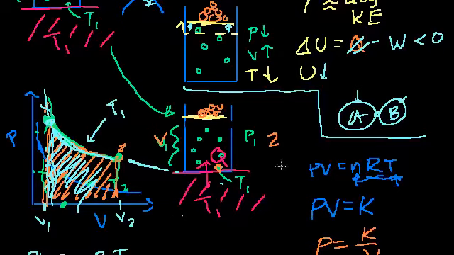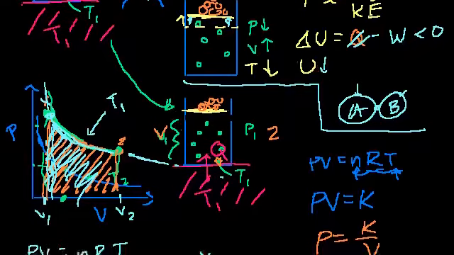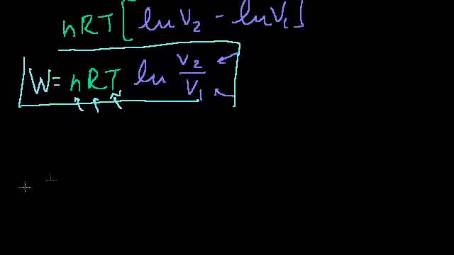How much was it? Well, since it's an isotherm, since the temperature did not change, what do we know about the internal energy? Did the internal energy change? The temperature not changing told us that the kinetic energy didn't change. If the kinetic energy didn't change, then the internal energy did not change. And we know that the change in internal energy is equal to the heat put into the system minus the work done by the system.